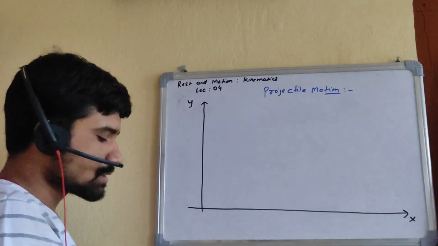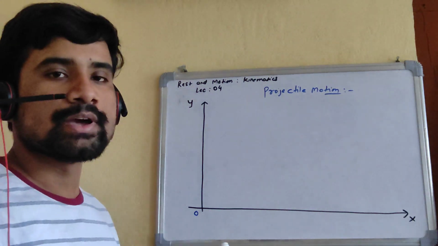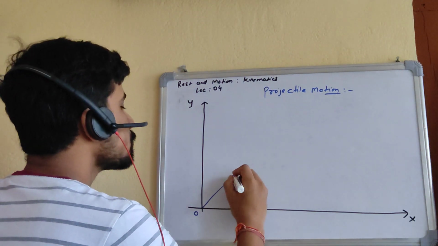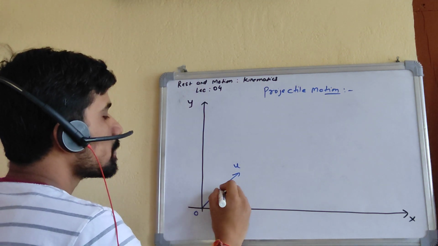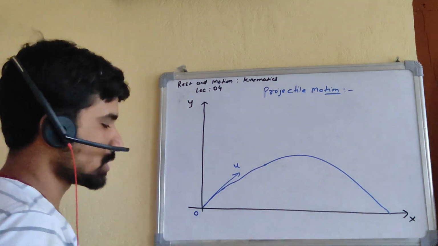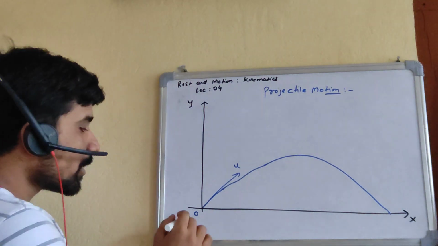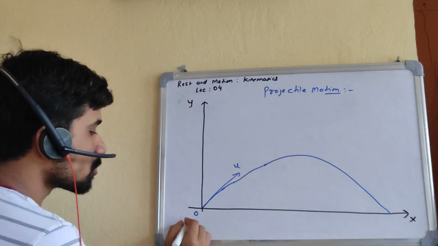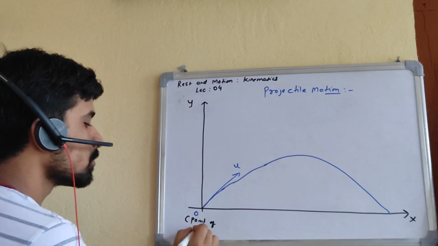Let's say an object is projected from the origin, point O, with some initial velocity u, and this is the path of its motion. This is called the trajectory of its motion. The point O from which this projectile is projected or thrown is called the point of projection.